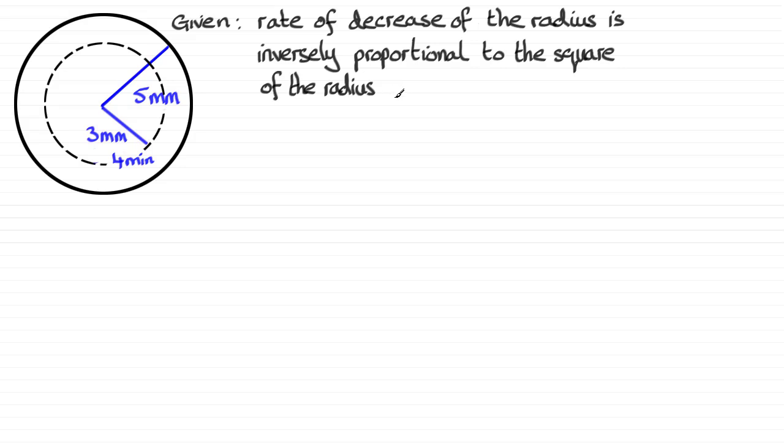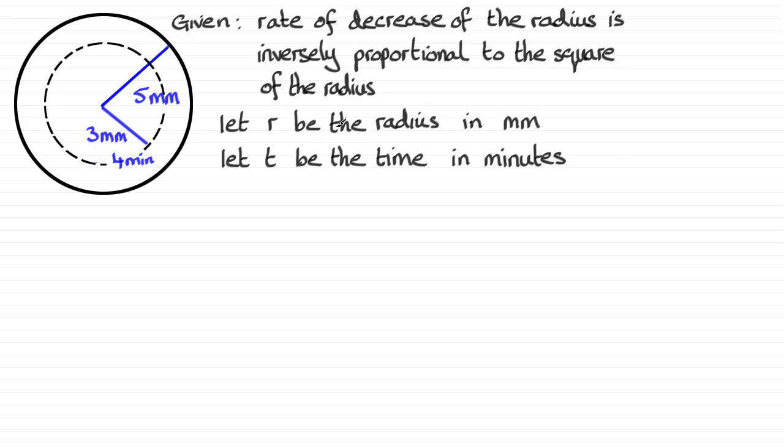Well, first of all, what I'm going to do is define the units. And by that, I'm going to let r be the radius in millimeters and let t be the time in minutes. So if we're to build an equation up, we start with this statement here: the rate of decrease of the radius is inversely proportional to the square of the radius. And I can write that as this differential equation.